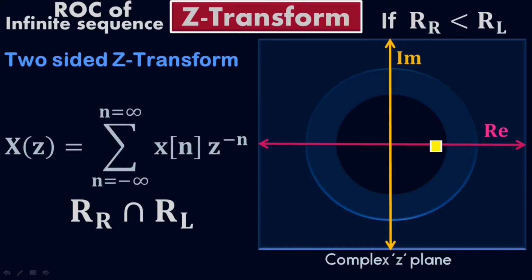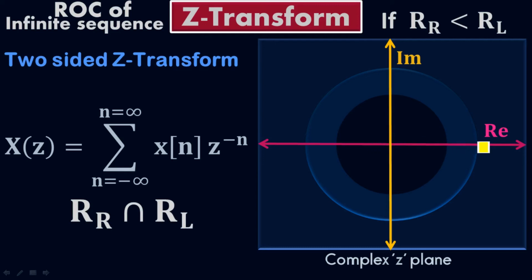Suppose my R sub R is up to here, and my R sub L is here. From here up to here, this combined region will be the region of convergence. The region of convergence for the right-sided Z-transform starts from here, onward towards the right side. This whole region will be the region of convergence. But the region of convergence for the left-sided starts from here towards zero, coming inside.